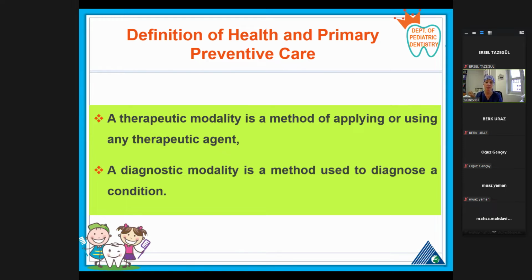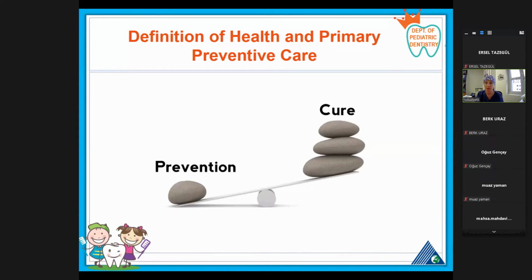And for a diagnostic modality, for example, we can use X-rays for understanding the severity of the disease or the depth of the dental caries. So we need to diagnose the disease, and then we use a diagnostic modality in order to manage the disease in the very best way.